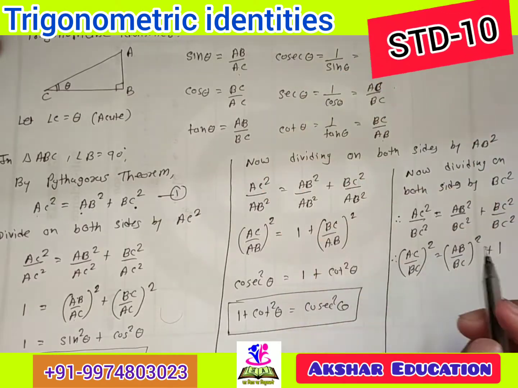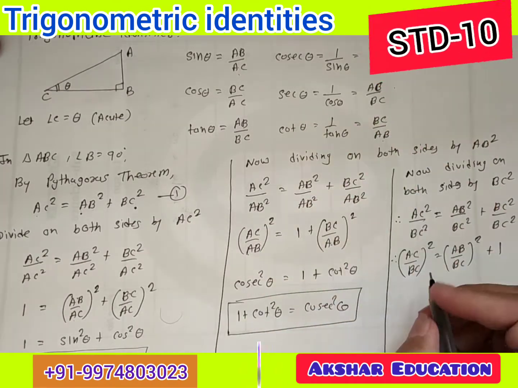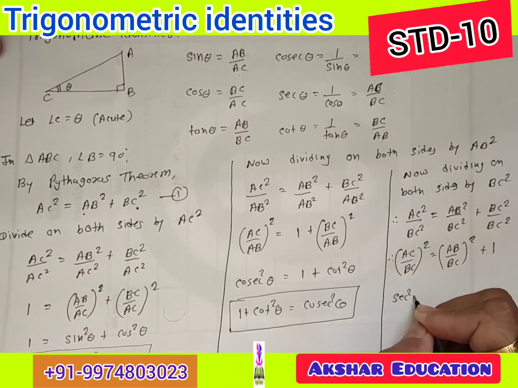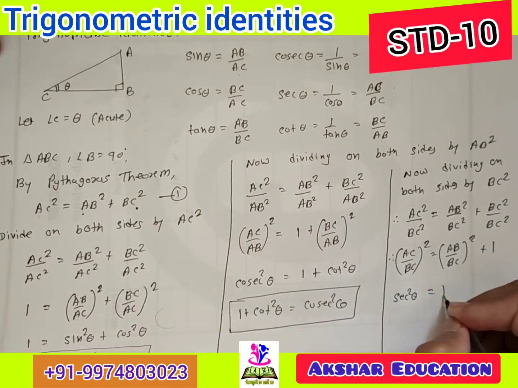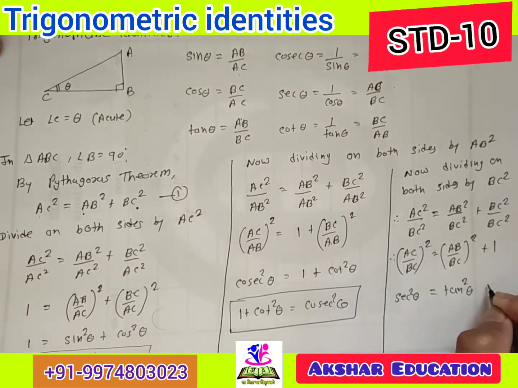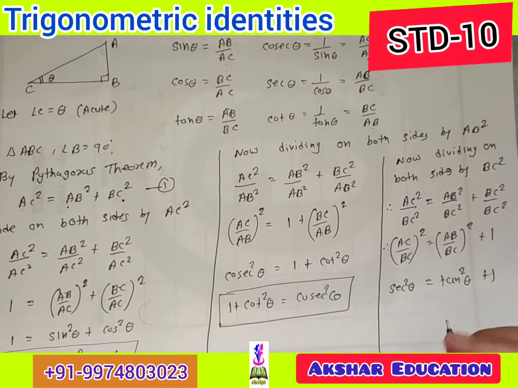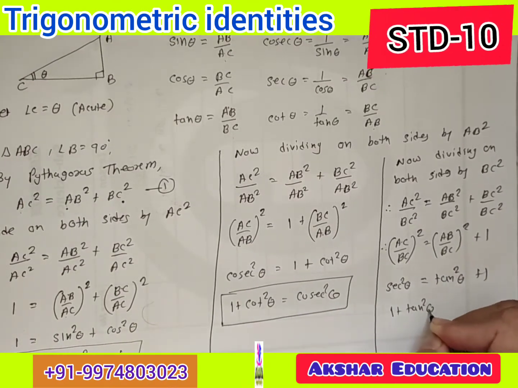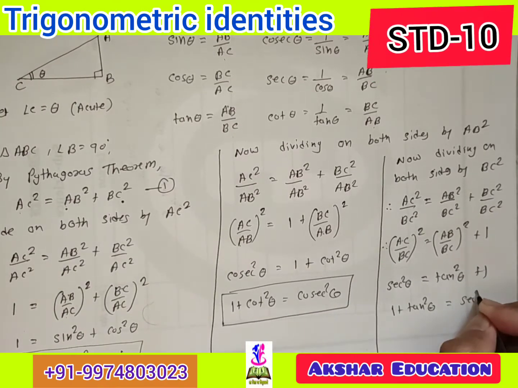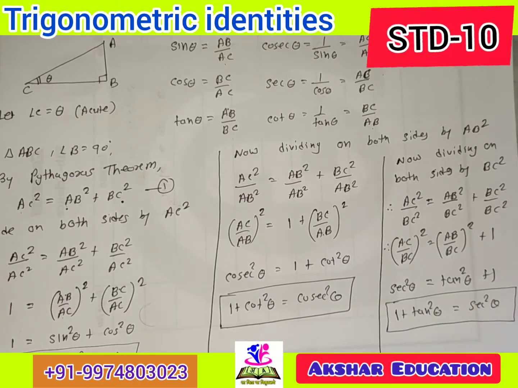AC by BC is sec square theta. So it's sec square theta equal to AB by BC. AB by BC is tan square theta. So it's tan square theta plus 1. So here we are getting our third trigonometric identity, which is 1 plus tan square theta equal to sec square theta. Done. This is how you can get all three trigonometric identities.